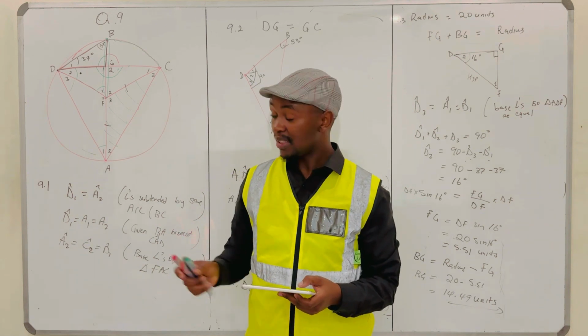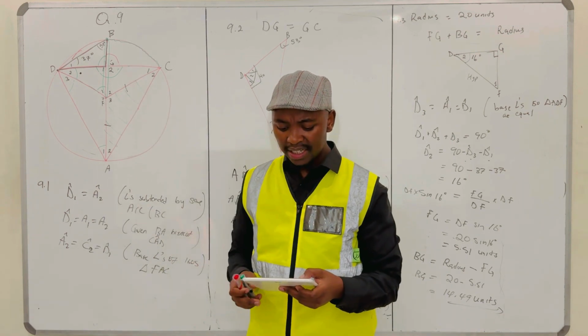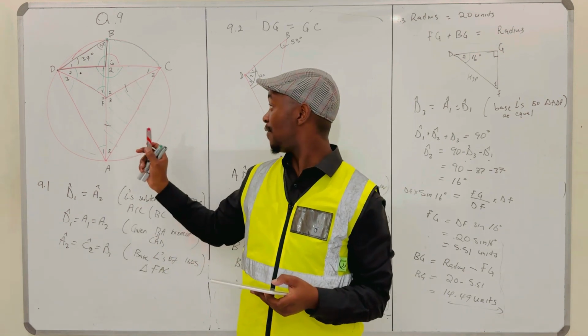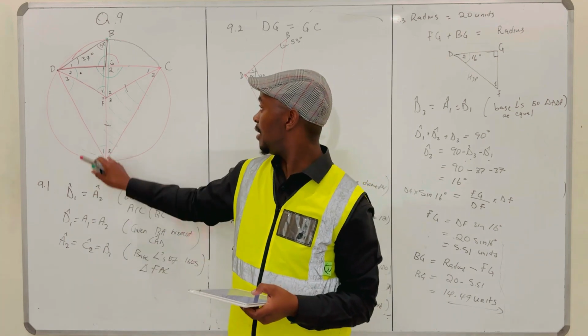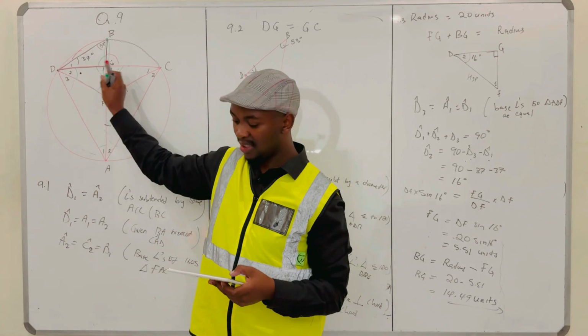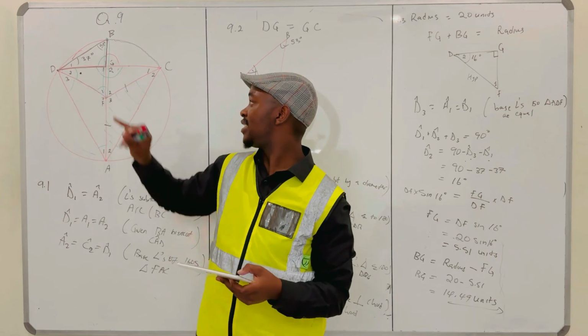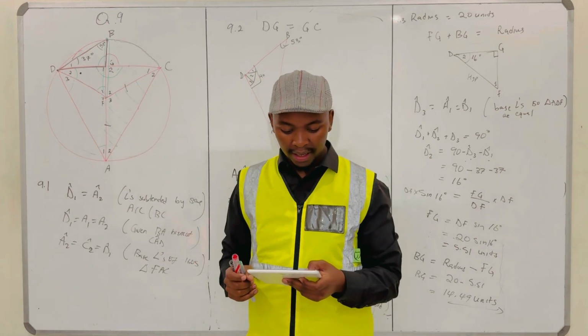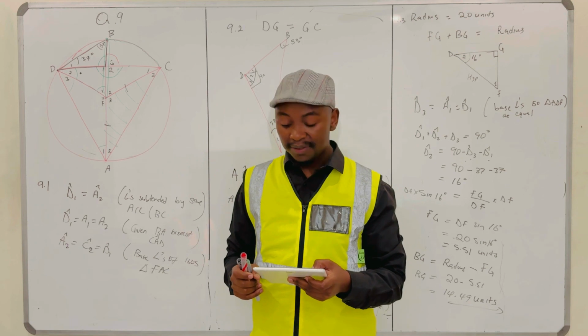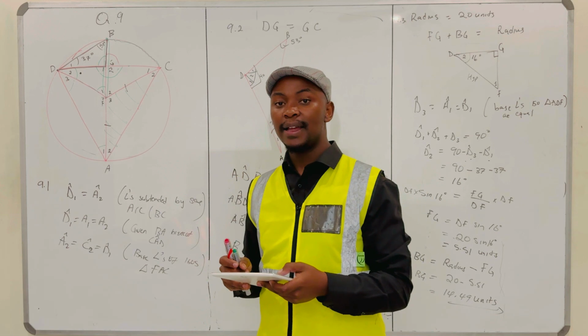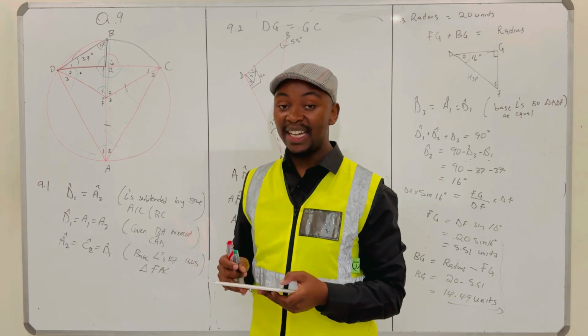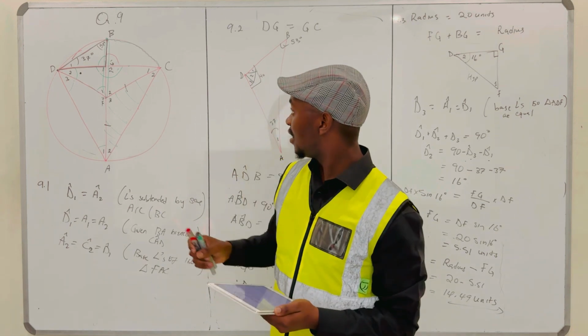In the diagram, AB is the diameter of the circle with center F. AB and CD intersect at point G. FD and FC are drawn. Now the next statement says line BA bisects angle CAD.